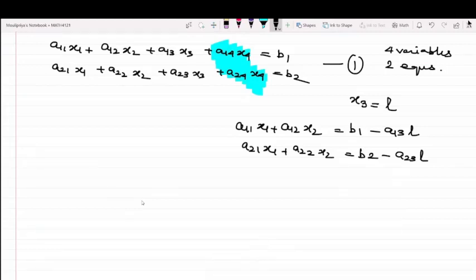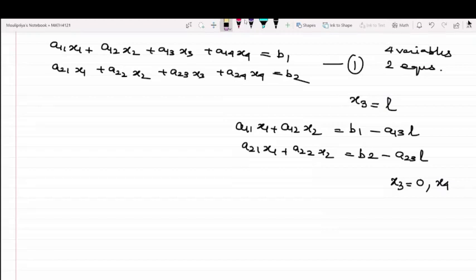Now see, the easiest values that we can assign to x3 and x4 are 0, right? Getting back to where we were, here we have 4 variables and 2 equations.